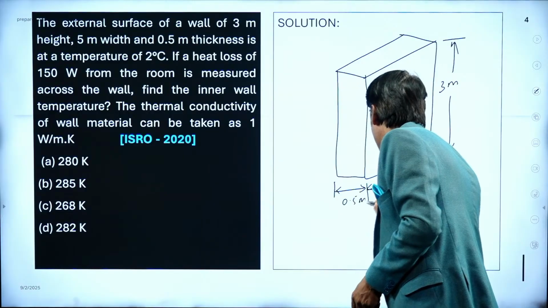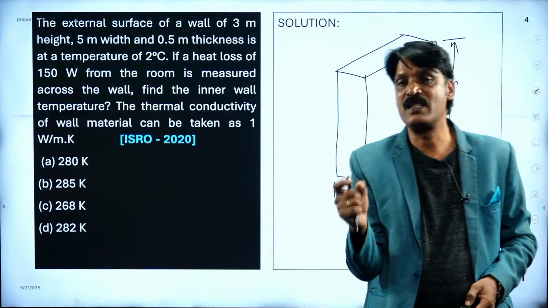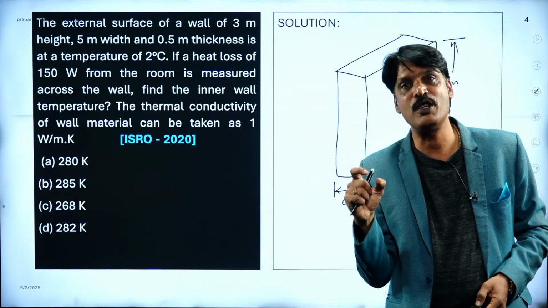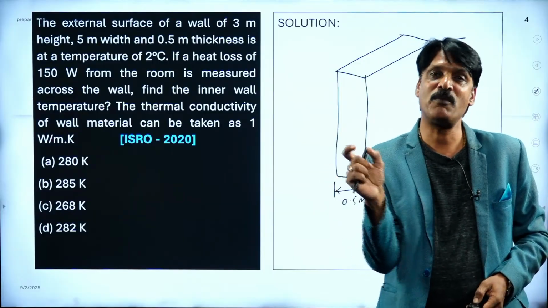Now we should always know that in a one-dimensional heat conduction problem, heat always flows along the direction where thermal resistance is minimum. Thermal resistance depends upon the thickness.